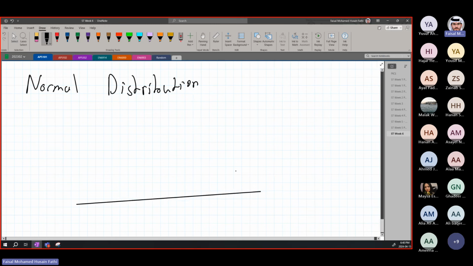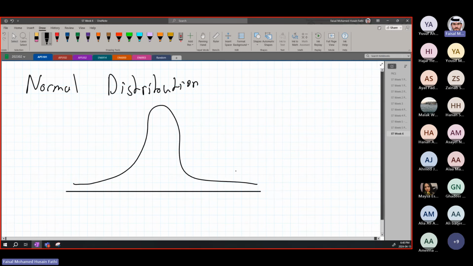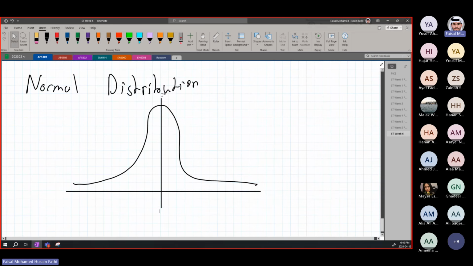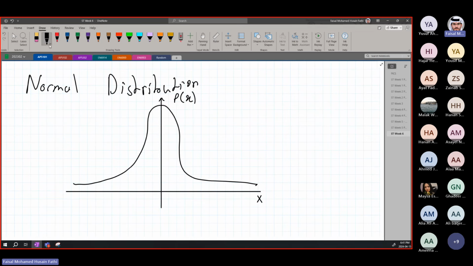This is your normal distribution. It is going to look like this. Okay, something like that. All right, this is your normal distribution. Okay, where this is the value of your probabilities to the left and right, this y-axis. This is your probability of x, and this is your x value. All right, so the probability of x occurring, and this is your x value.